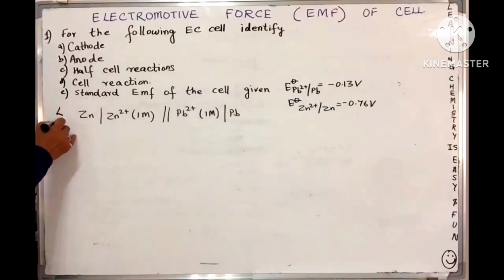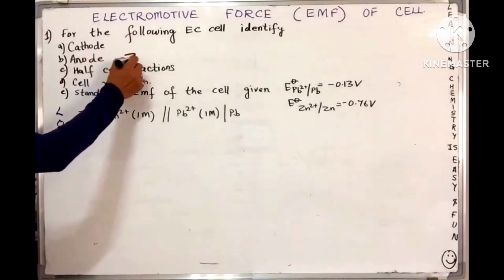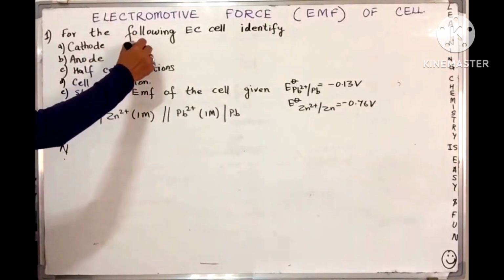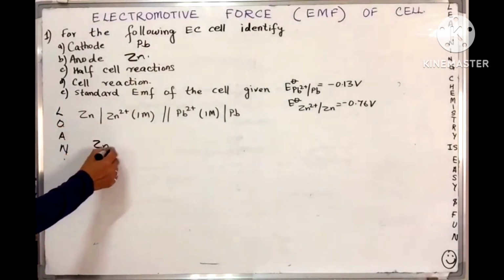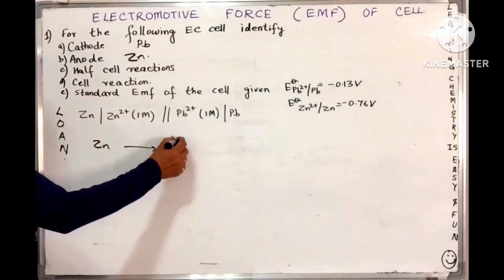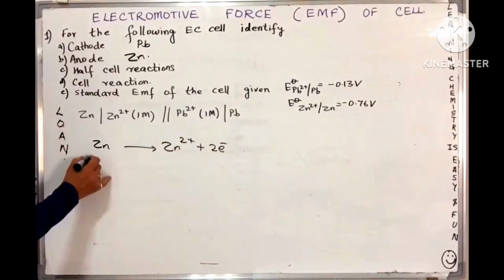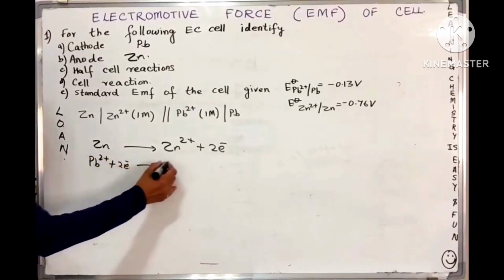Simple rule that I am going to apply over here: left hand side oxidation, anode. So my anode is zinc. Simple. Cathode is lead. Simple. Half cell reaction: Zn changing to Zn2+ plus 2 electrons. Pb2+ plus 2 electrons changing to lead.